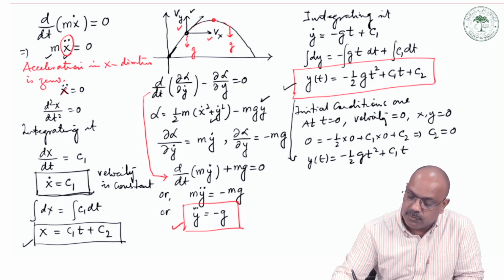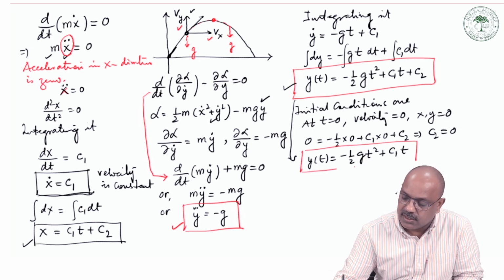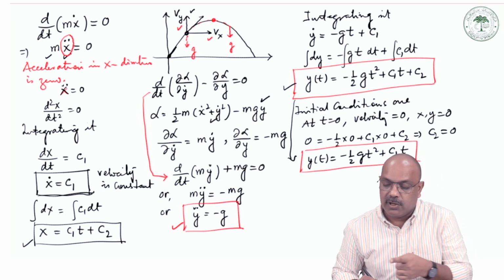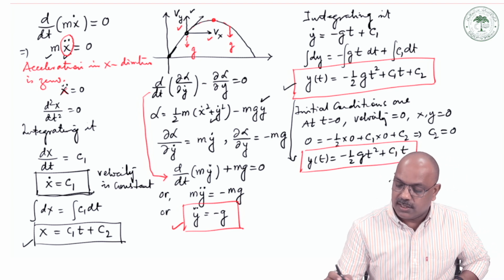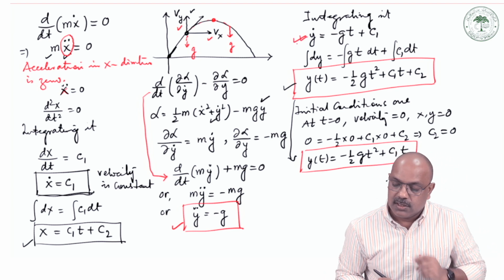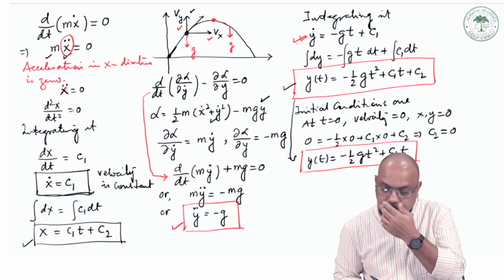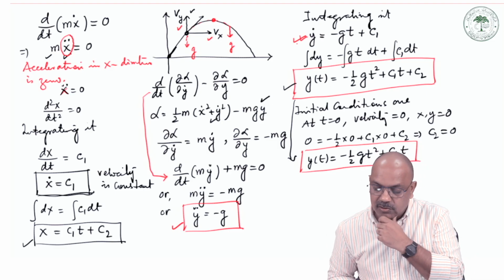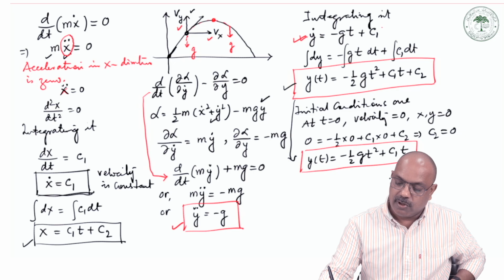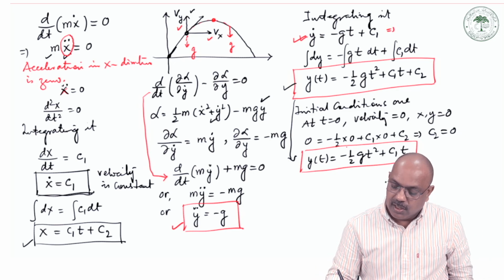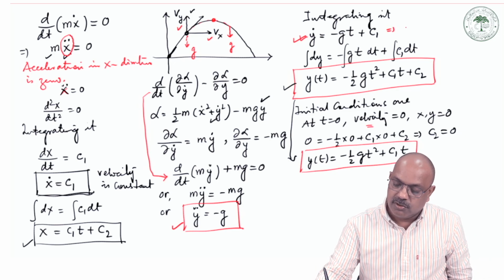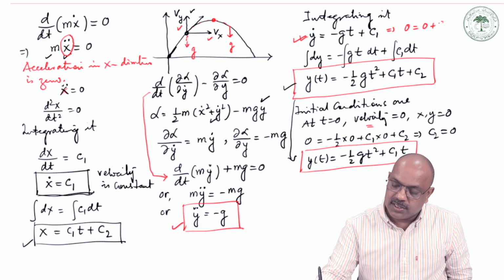Now when you put the condition of velocity here, at t equal to 0, the velocity is also 0, so this is going to be 0 plus c1. This gives you c1 is also 0.